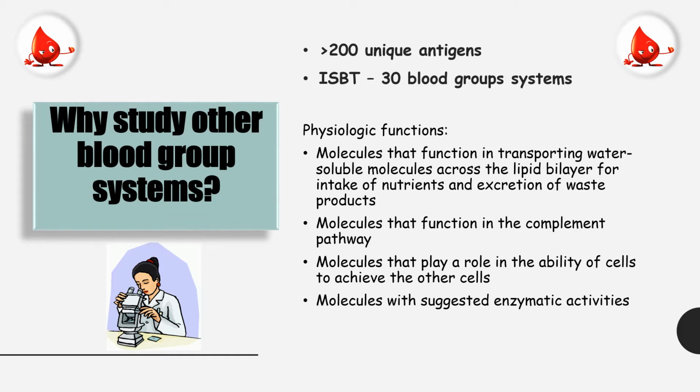Second, molecules that function in the complement pathway. Third, molecules that play a role in the ability of cells to adhere to other cells. Fourth, molecules that function as structural proteins to maintain red cell shape and mechanical deformability. Lastly, molecules with suggested enzyme activities.